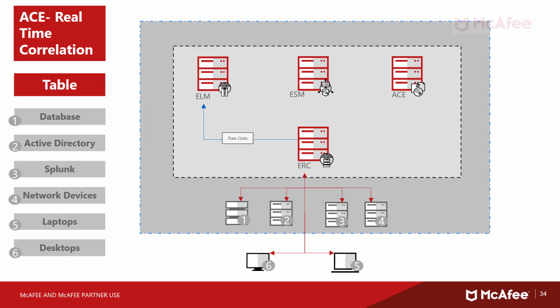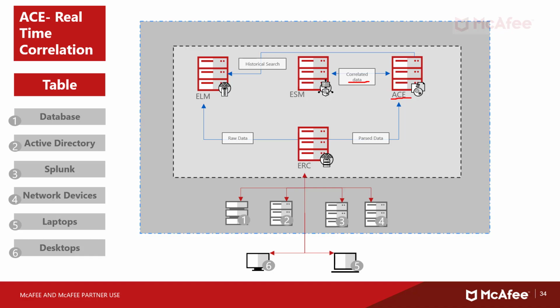However, this time the parsed data is sent to the ACE. And ACE will then automatically reach out to ELM to get any information that there might have been a previous attempt, and then it packages it and sends that correlated data to ESM.